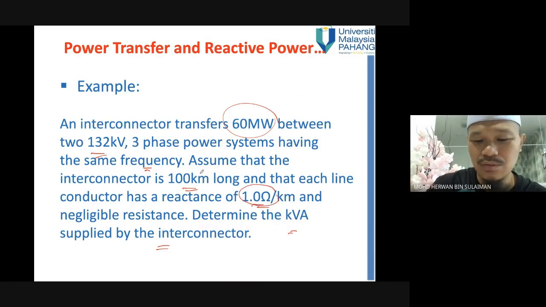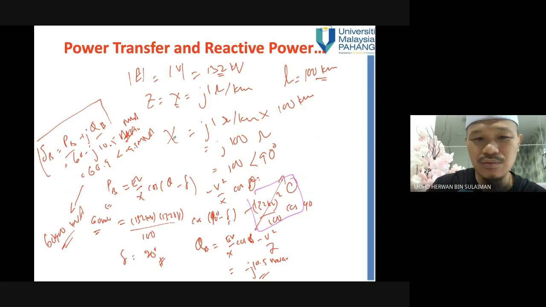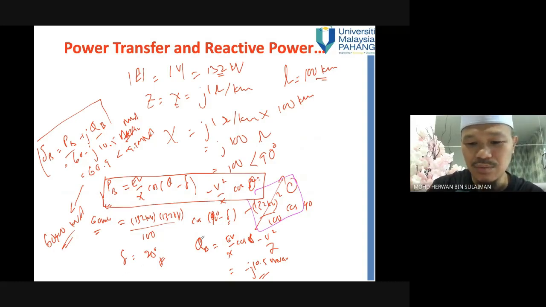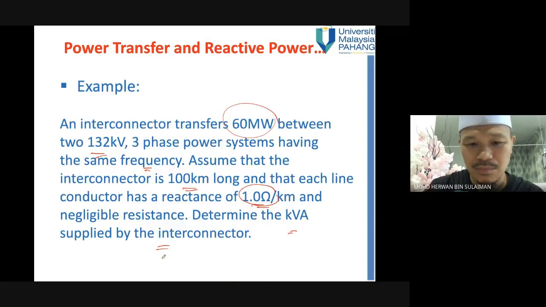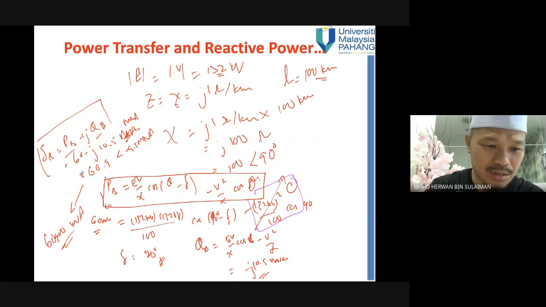So you get your X as j100 ohm, or 100 magnitude 90 degrees. And then which equation do we use? We use PB, the equation for PB, because you want to find theta at the sending end. Determine the kVA supplied by the interconnector. You want to find this.